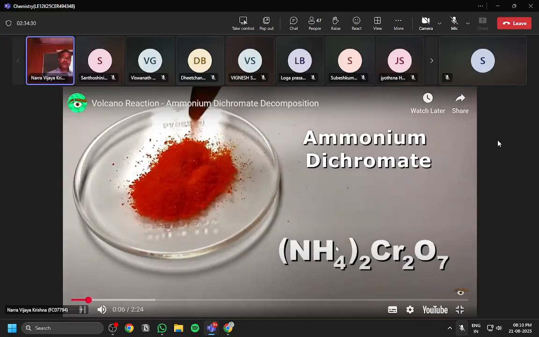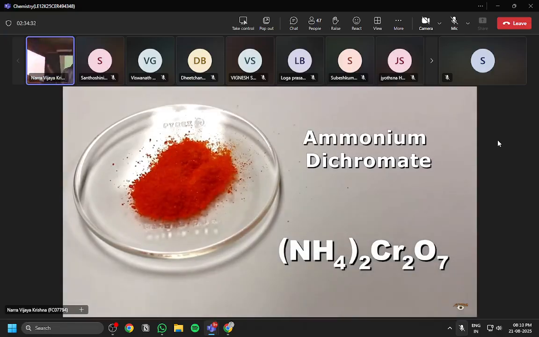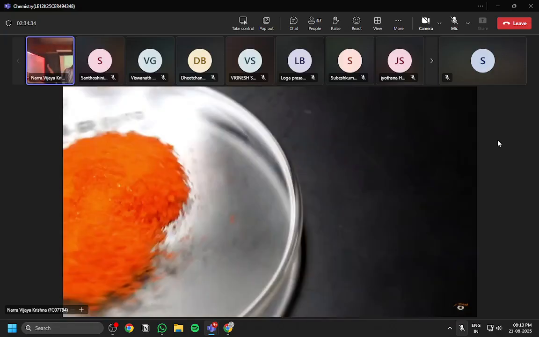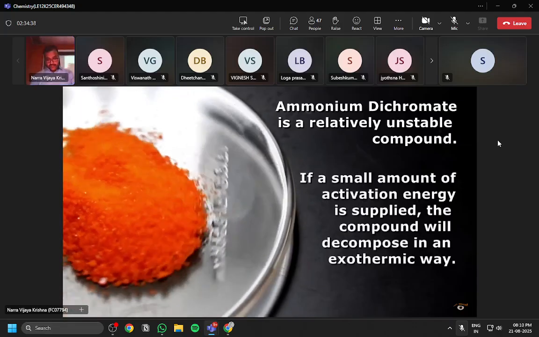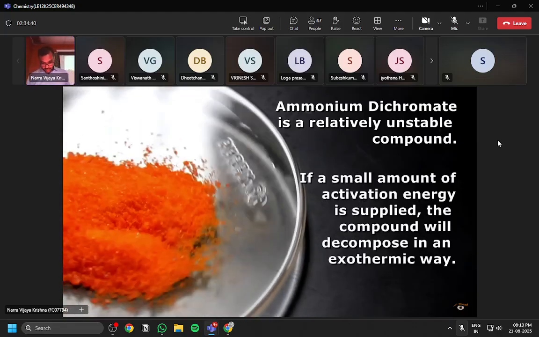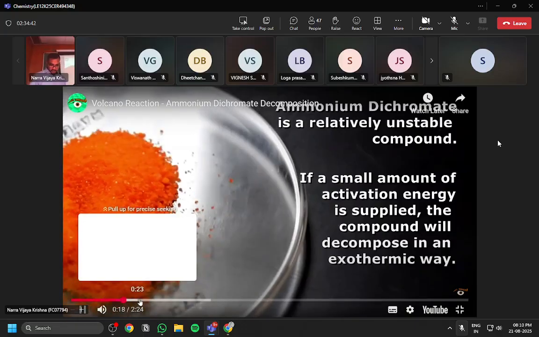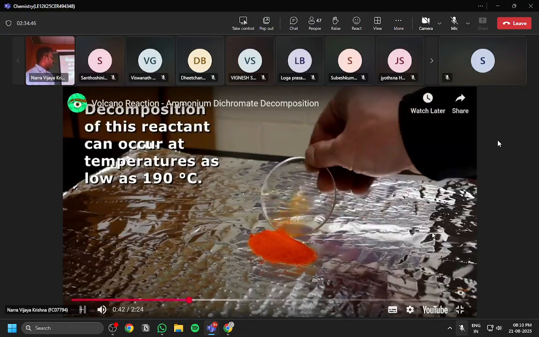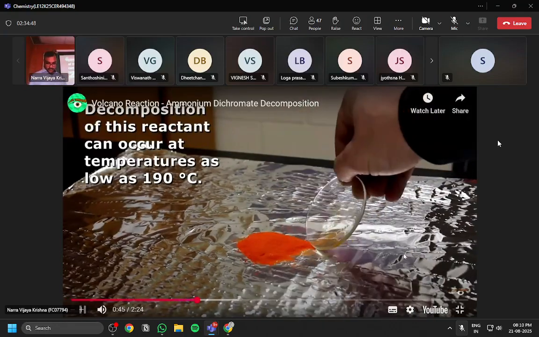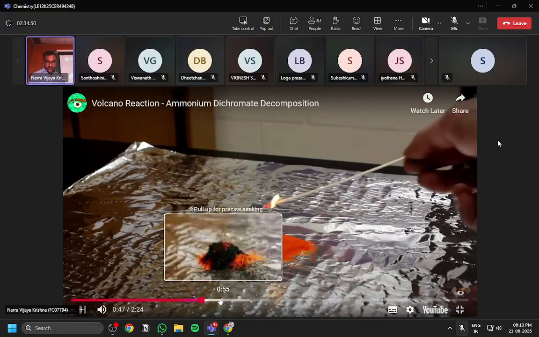It doesn't look properly there. This is the color, right? Orange colored crystalline solids, right? Now he's heating it.